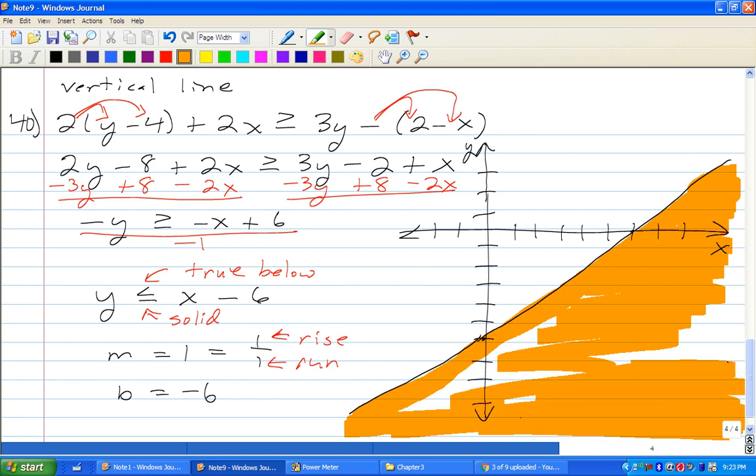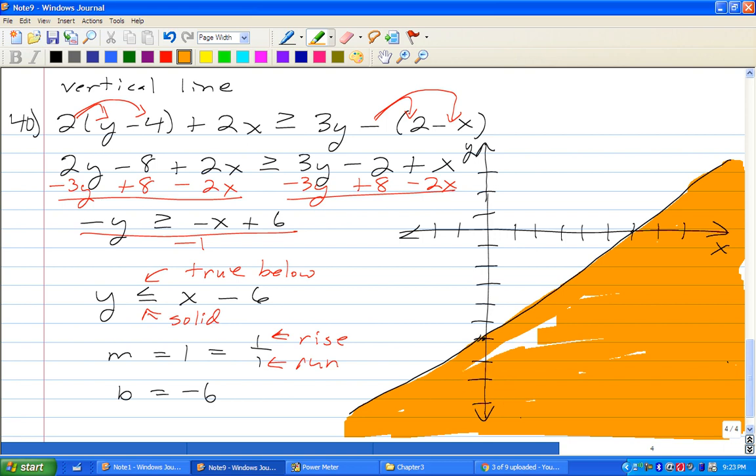And then let me indicate that this is a solution to this particular linear inequality. So this is my solid line solution. And so that finishes off section 3.5.